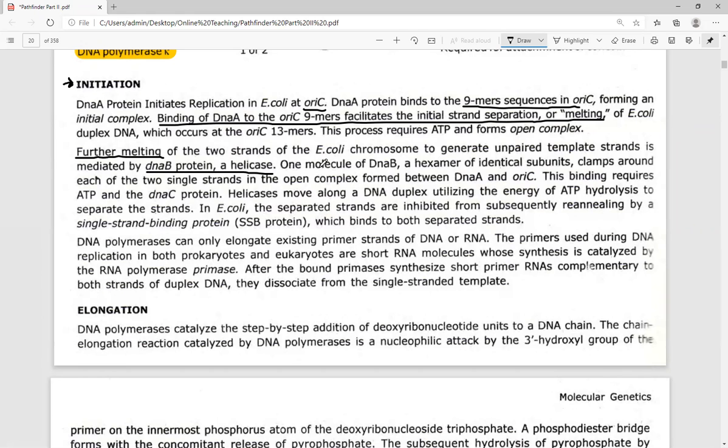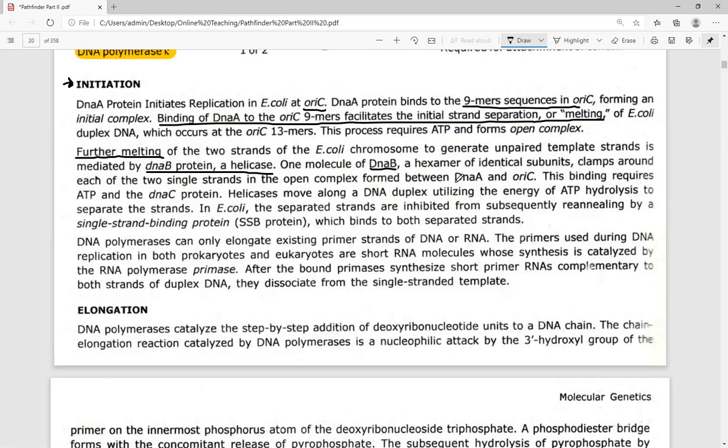Next, after DnaB protein binds, the DnaB protein, which is a hexamer of identical subunits, is going to move. It will displace the two strands away from each other, and then single strands of the DNA will be produced. One molecule of DnaB, a hexamer of identical subunits, clamps around each of the two single strands in the open complex between DnaA and oriC.